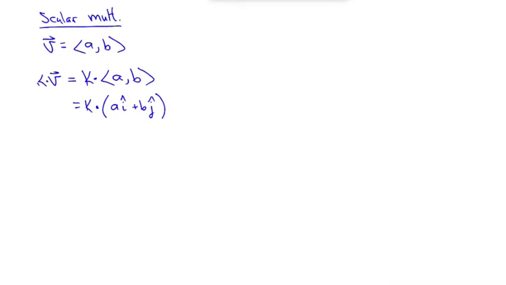All right, now can I deal with the k in an algebraic expression? Sure. How? Distribute. So this will give us ka i hat plus kb j hat. Now put it back into component language.